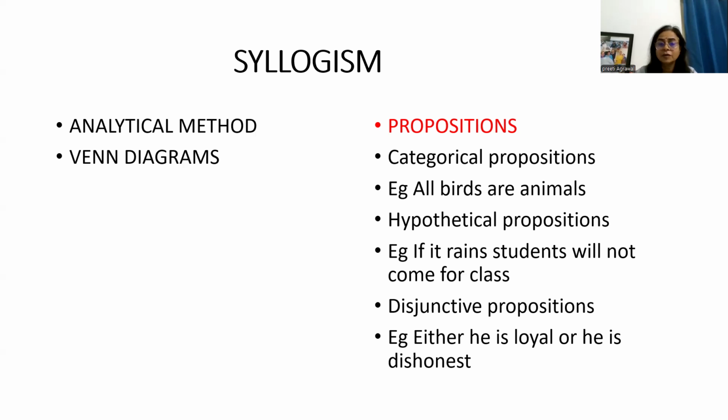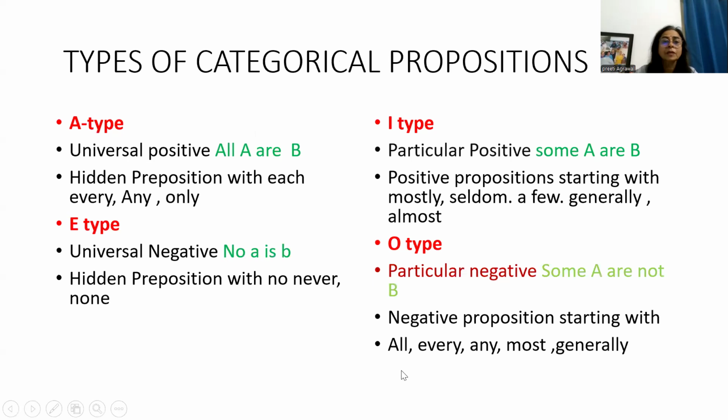A type, which is the universal positive statement: all A are B. Sometimes it becomes difficult to identify whether this is A type, whether this is A, E, I, O. The word "all" shows that this is universal positive: all A are B. The word "not" is not used. Hidden propositions with each, every, any, only, having such words also show that the proposition is of A type. Now the next proposition is E type.